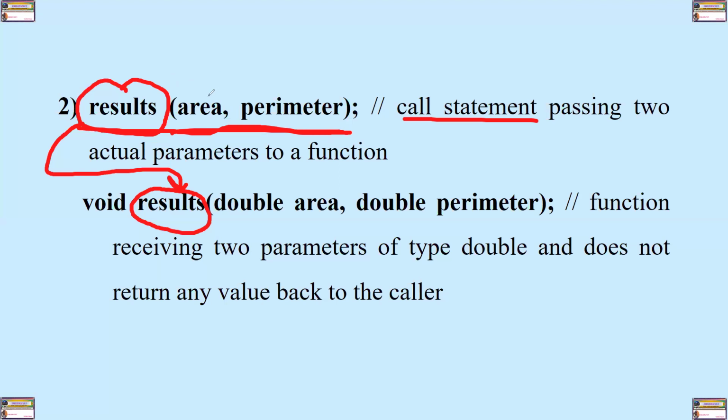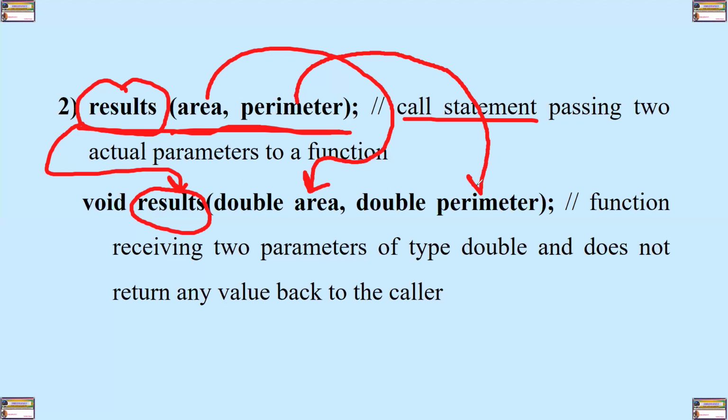The first argument is called area. So the value of the memory location called area is being passed to the first parameter there. Then the second value, in the memory location called perimeter, is being picked and passed over to the parameter called perimeter.